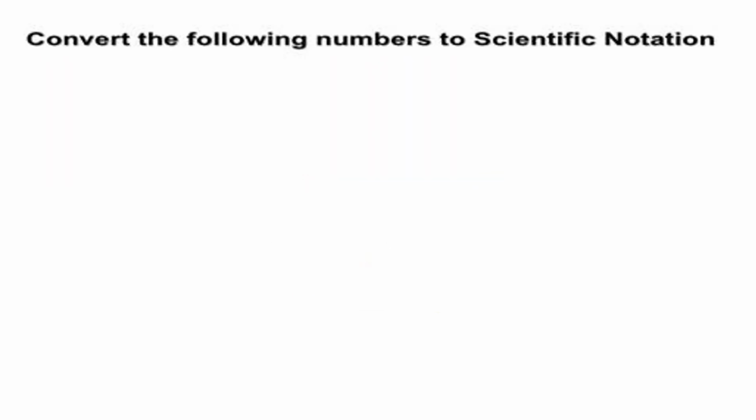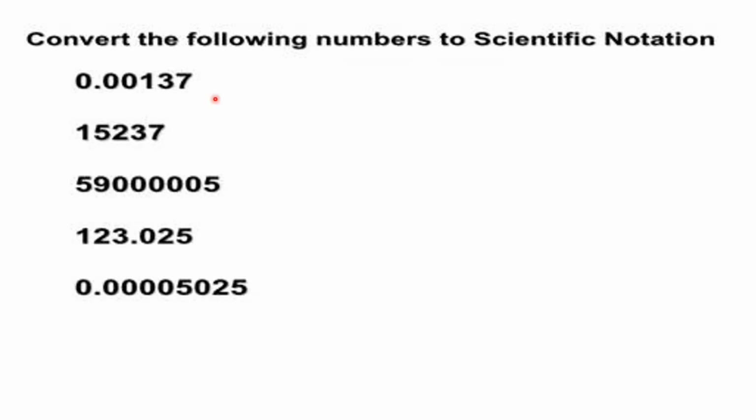Let's make an application. Convert the following numbers to scientific notation. Let's look at these numbers. To write in scientific notation, first of all, I have to write a number from 1 to 9. So take the first number and put the point. This is the first step. So it will be 1.37 times 10 power something. I have to find the exponent. How to find the exponent? I have to put the decimal point here.